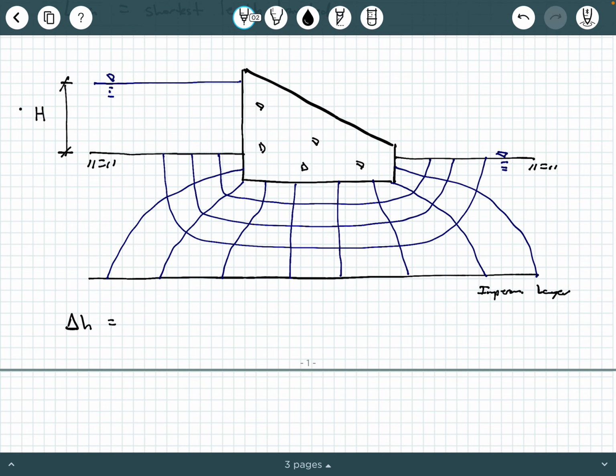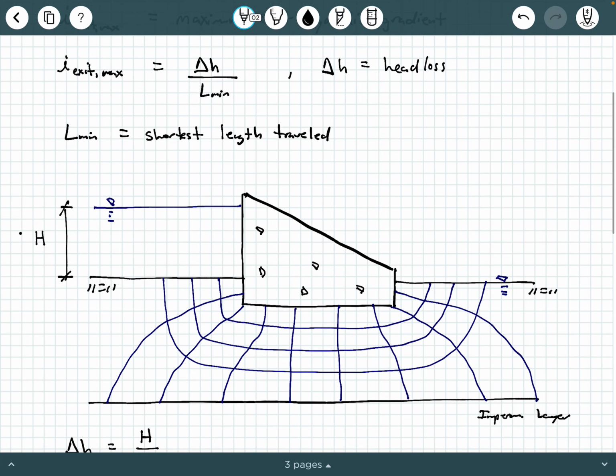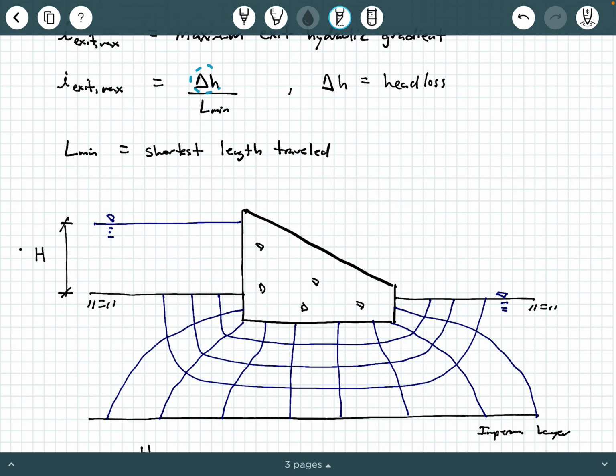In this case, the change in head is just capital H because we said on the downstream side, the water level is at the ground level. So the numerator of this head loss is just that capital H, and then we divide by the number of drops. What this gives us is the head loss per drop, basically. And from there, we use that term as the numerator of I exit maximum.